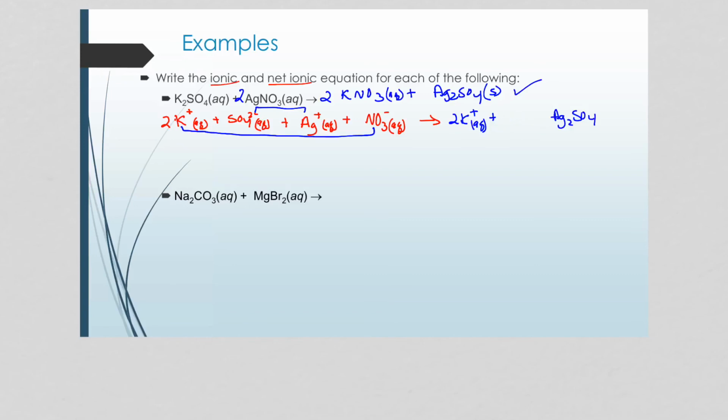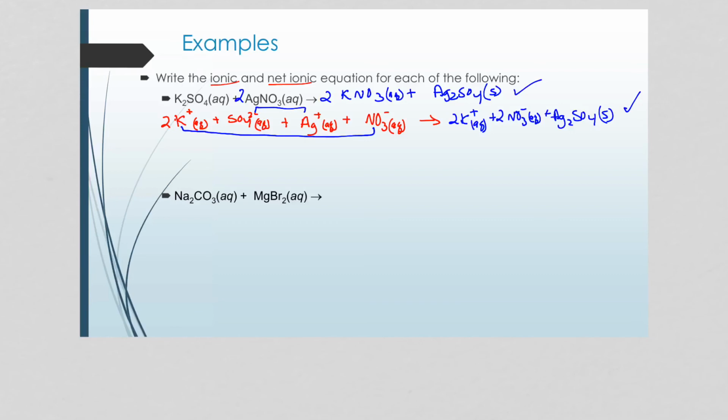Give myself a little more room here. So plus 2NO3- aqueous plus silver sulfate solid. So here we have our complete ionic equation.